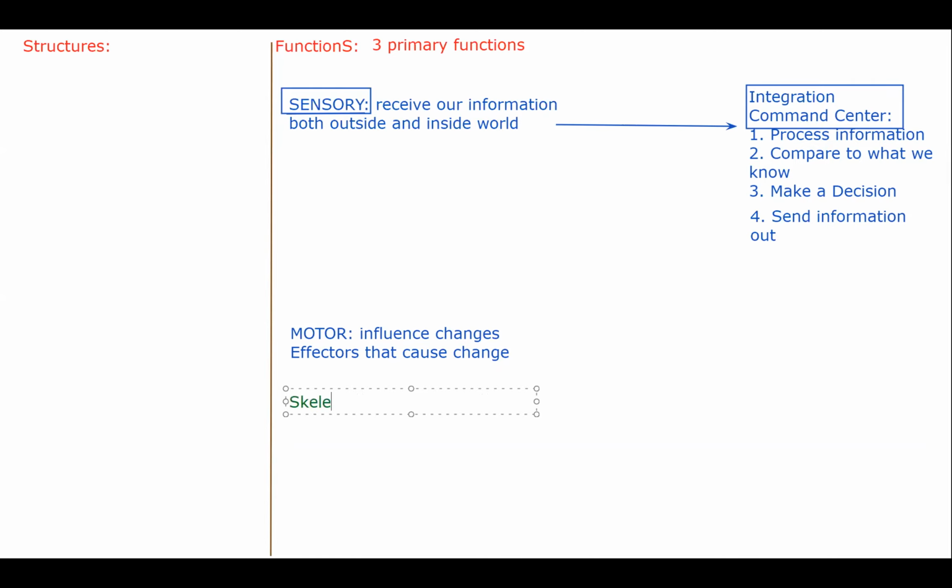So of course, there's skeletal muscle, which is one possible effector. But we also have smooth muscle, cardiac muscle, and the fourth, which is our glands.